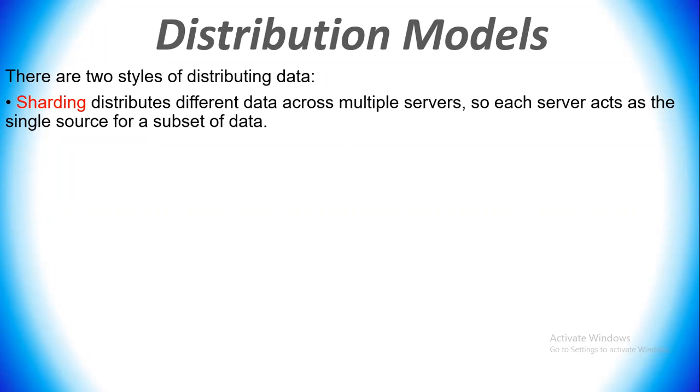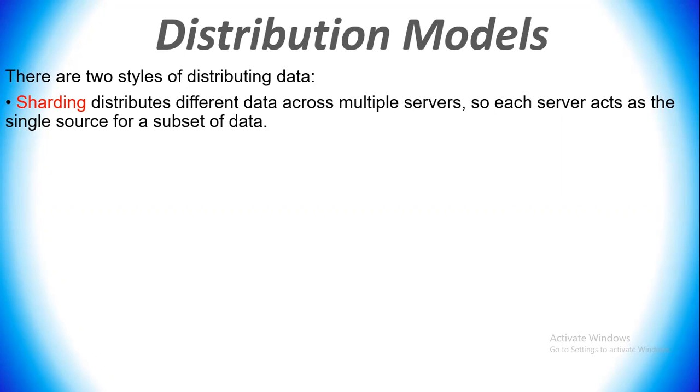But in this sharding mode of distribution, for a given subset of data, it can be a key value store, or a column family store, or a document type database, that subset of data is spread across different servers, I mean different places.